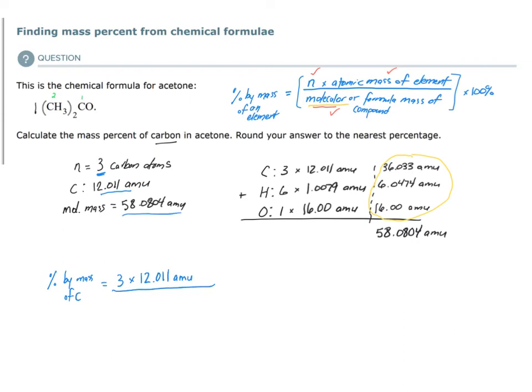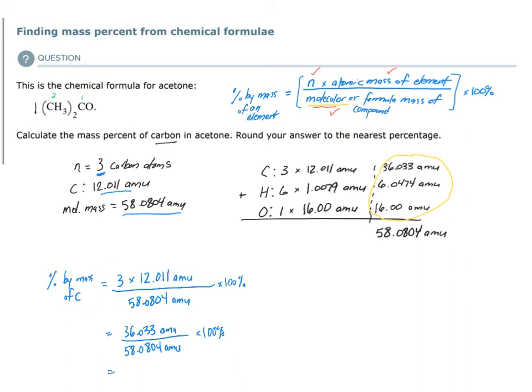We found that to be 58.0804 AMUs. So 3 times 12.011 is 36.033 divided by the molecular mass, 58.0804, and all of this needs to be multiplied by 100% to convert it from a decimal to a percentage.